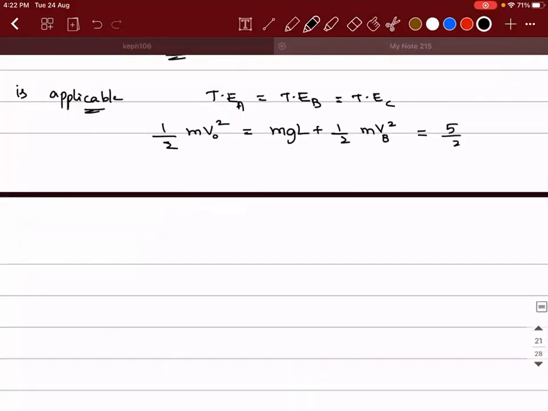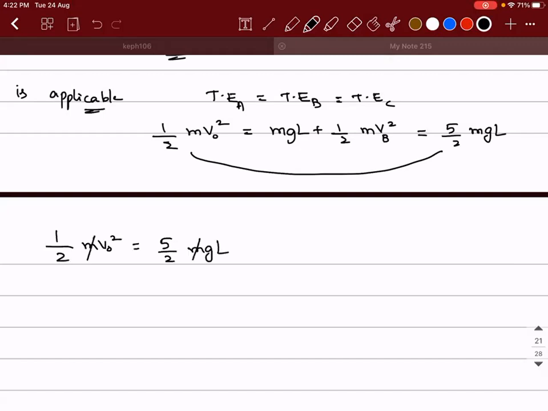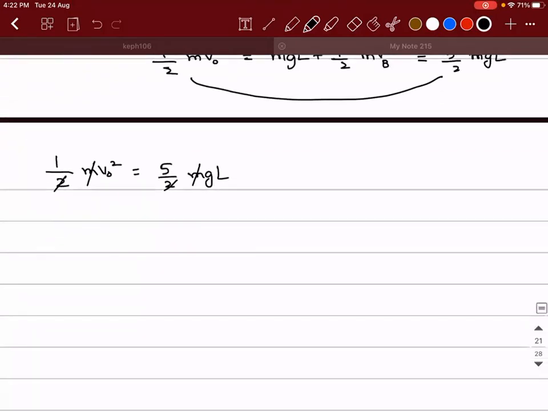It is 5 by 2 times mg into L. Now, if I take these two into consideration, half m v naught square is equal to 5 by 2 into mg into L. M and M will get cancelled, 2 and 2 will get cancelled, which implies V naught will be equal to root of, sorry, 5 into G into L.